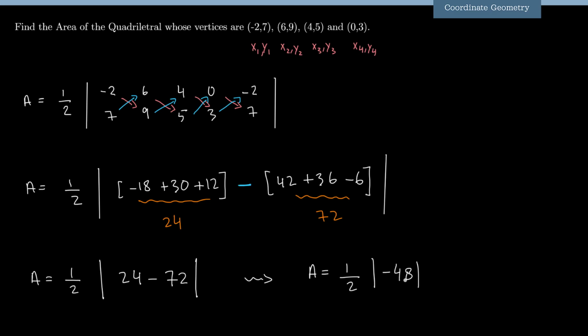The modulus of a negative number is a positive number. So this would be area is equal to 1/2 times positive 48. 1 upon 2 times 48 is 24. So the area is equal to 24 units squared. This is the area of this quadrilateral. This is my answer.